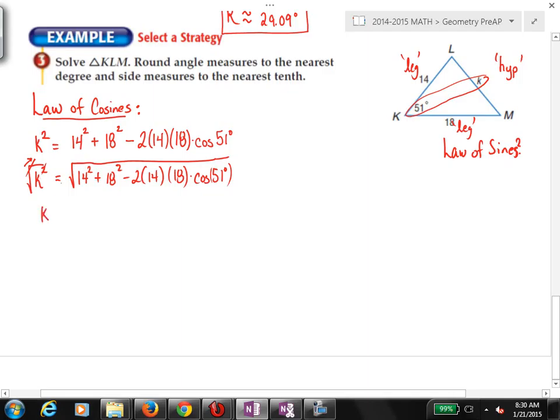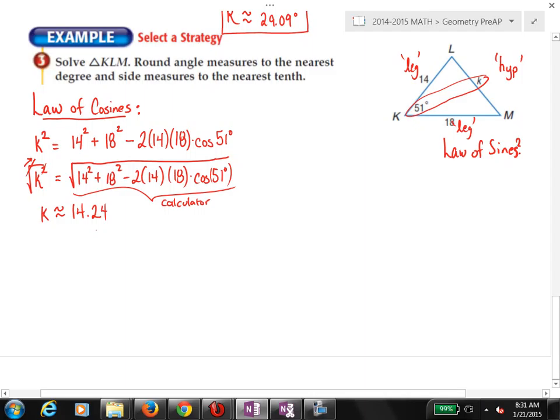Now, once again, k is equal to this above, but go ahead and give me the calculator approximation for this right here. Okay, 14.24 or 14.2.